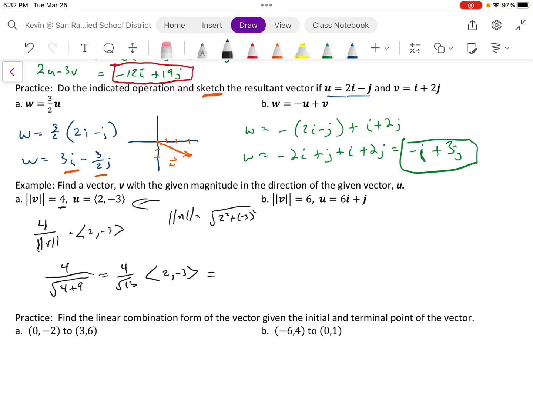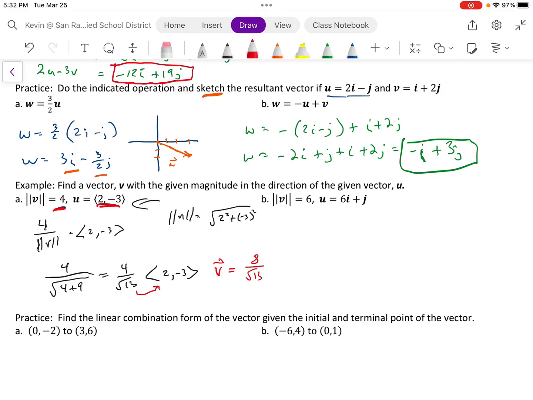So this is vector v, given the direction of u, but with this magnitude. We would distribute this through here.